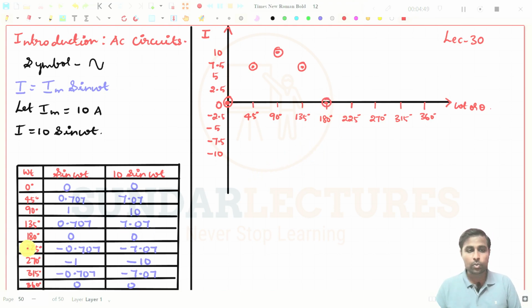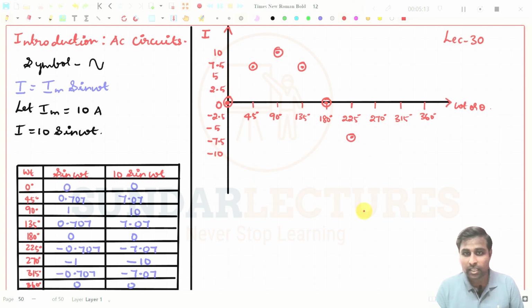At 225 degree again it becomes minus 7.707, so around here, so it will be here. At 270 it has become minus 10, so it will come here, right?